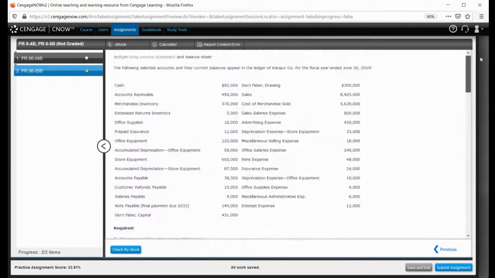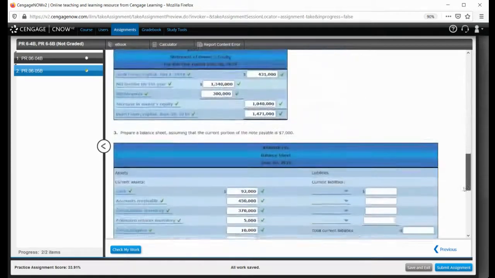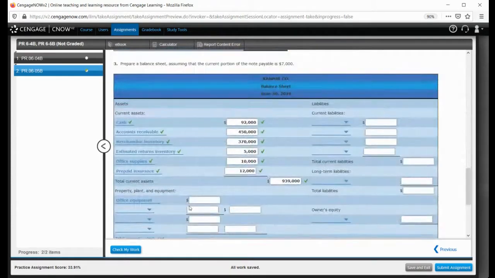So let me check and see. Nope. We have office equipment that's coming next at 220,000. That was the cost of this office equipment.